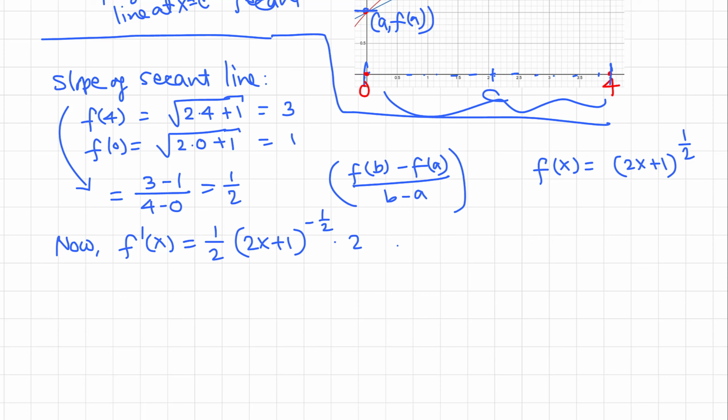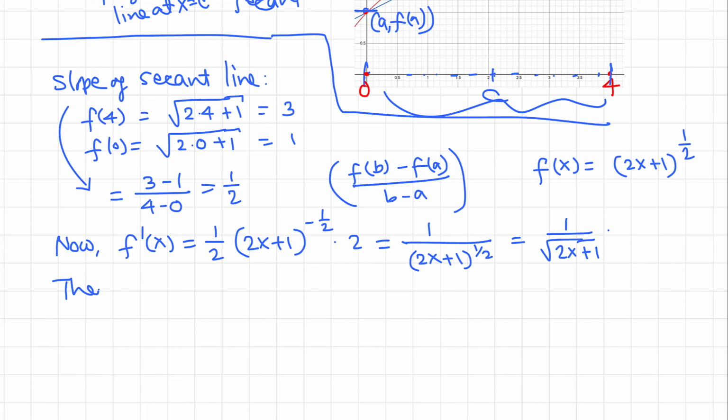The 2 and 2 cancel. This negative exponent goes on the bottom, over (2x plus 1) raised to positive 1/2. This is 1/2, meaning the square root, so pretty much 1 over the square root of 2x plus 1.